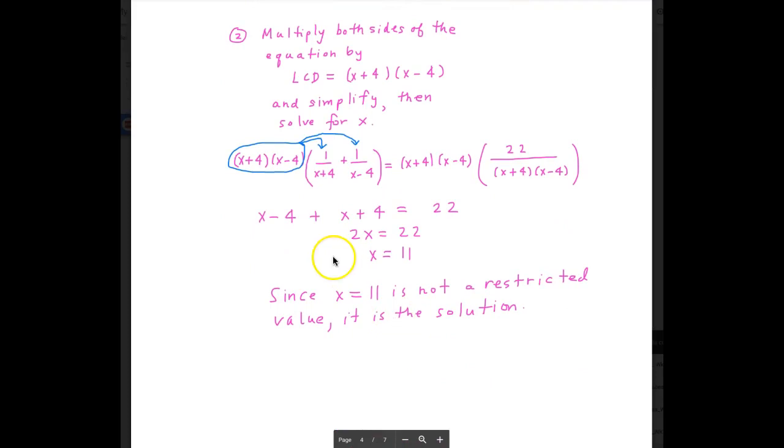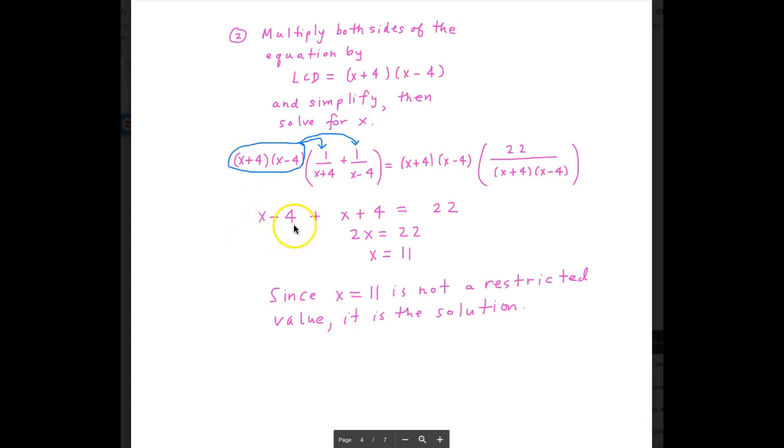Here, we multiply that on both sides of the equation. Notice that on the left side, we need to take this product and distribute it to each part since there are two terms here. So if I take x plus 4, x minus 4 and multiply by the first fraction, the x plus 4s are going to cancel.